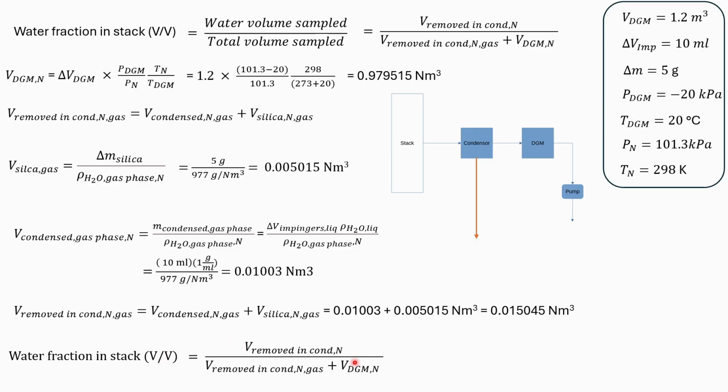It is the total water removed in the condenser divided by the volume of gas we sampled through our dry gas meter plus the volume of gas we removed here in our condenser. Substituting all the values, the volume removed in condenser, and the volume through our dry gas meter, we get our stack moisture content of 0.015, or 1.5%.